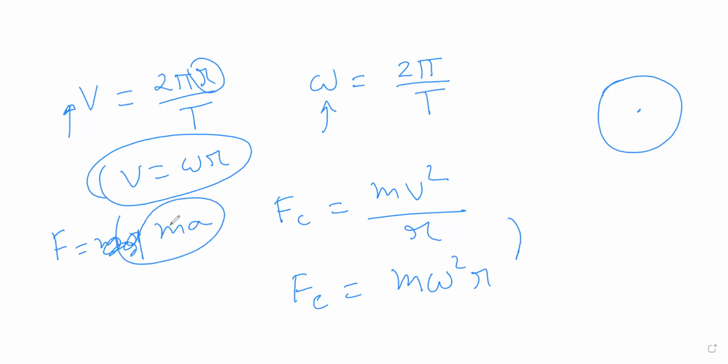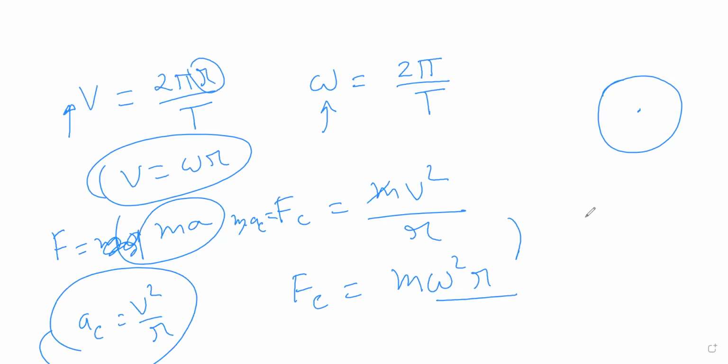So if someone asks for the centripetal acceleration, we can write m ac. Then ac equals v square over r, because m cancels out. That is centripetal acceleration. Or we can use the term omega square r for centripetal acceleration.